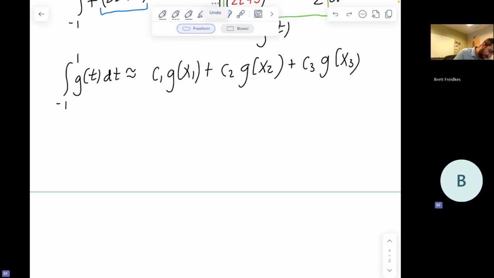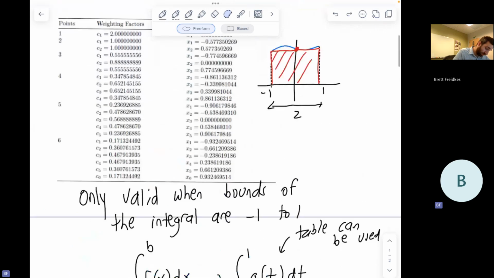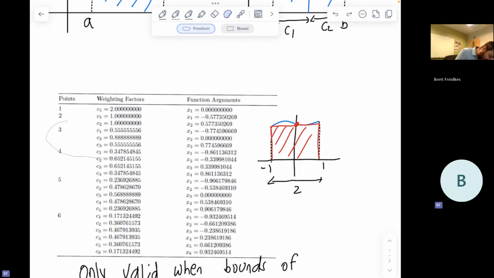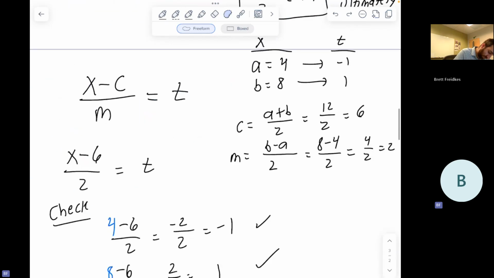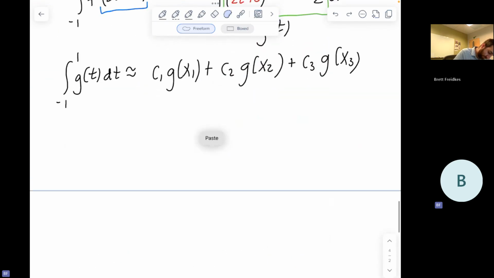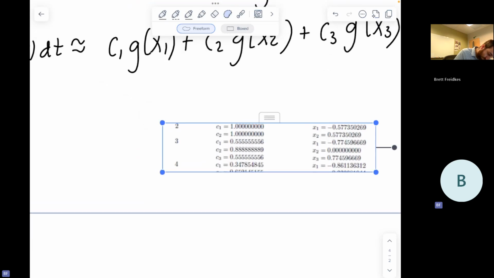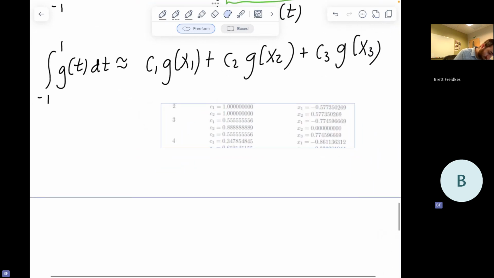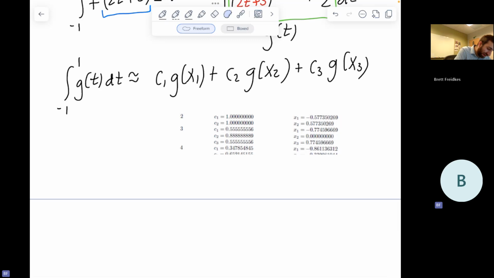Nope, oh, I did a little bit of it. So what we're going to do is look at the 3-point case. I'll try to just copy this down, where we can see what our widths and our x values are for the 3-point case.